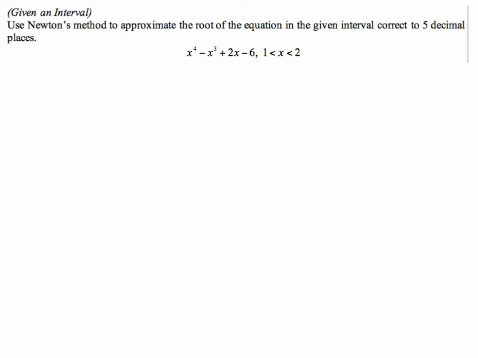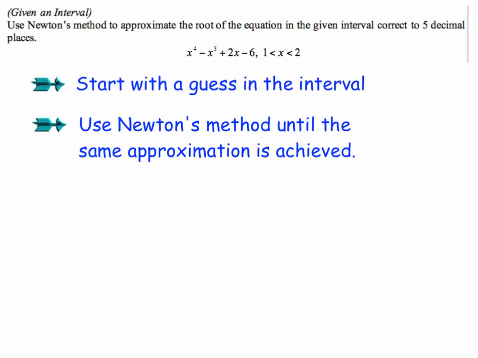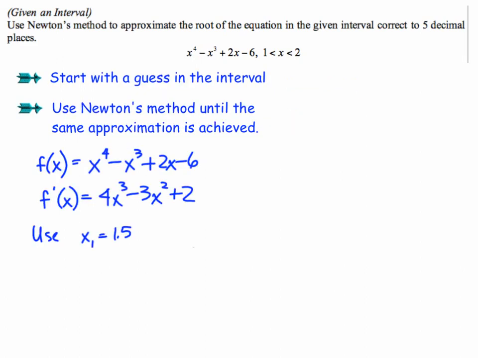And I'm going to use Newton's method 4 or 5 times to see if I kind of get a pattern in terms of what the root could be. So x1 will equal 1.5. And now with Newton's method, in order to find x2, I sub it into Newton's formula.